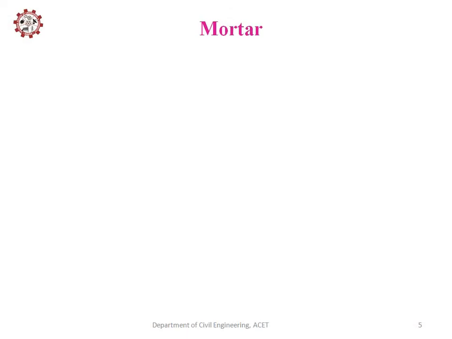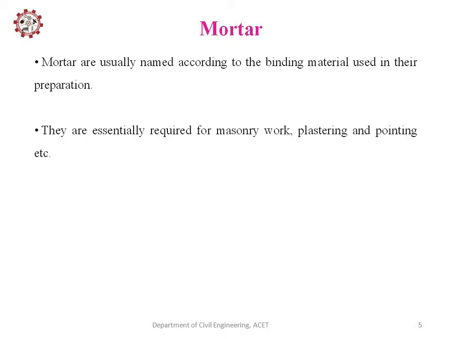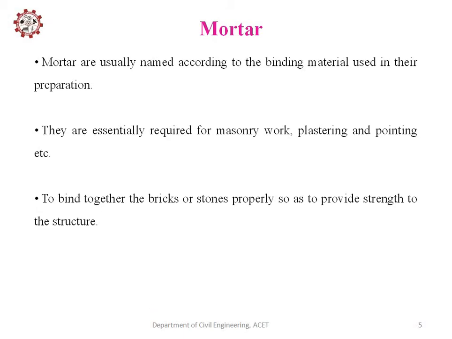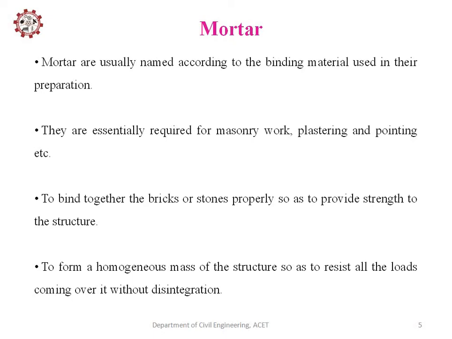Next is your mortar. Mortars are usually named according to the binding material used in their preparation. They are essentially required for masonry work, plastering and pointing, to bind together the bricks or stones properly so as to provide strength to the structure, to form a homogeneous mass of the structure so as to resist all the loads coming over it without disintegration.